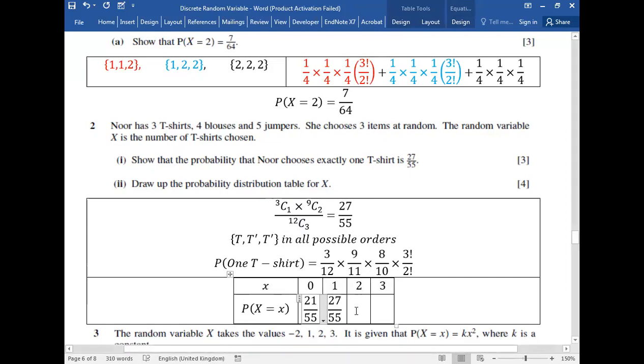I've given you the hint. Whenever you want to draw a probability distribution table, always try to fill it from the extremes, the leftmost and the rightmost, and then come into the middle one by one. So पहले come to 3. अब 3 को पहले fill करो. 3 t-shirts. 3C3 upon 12C3, or 3 over 12 into 2 over 11 into 1 over 10. So what is the probability that I get all 3 t-shirts?